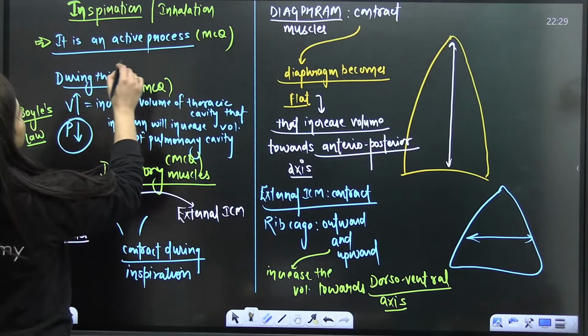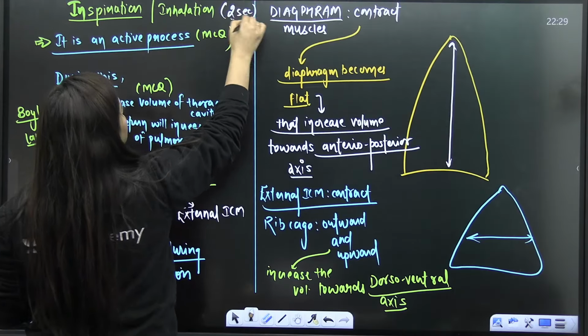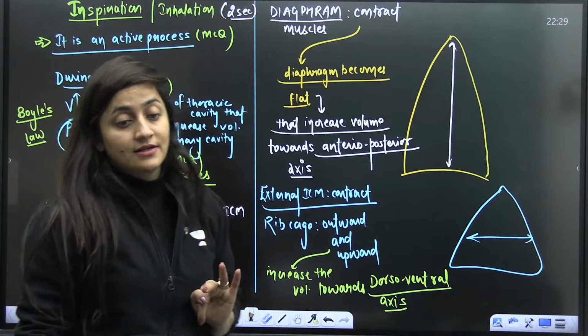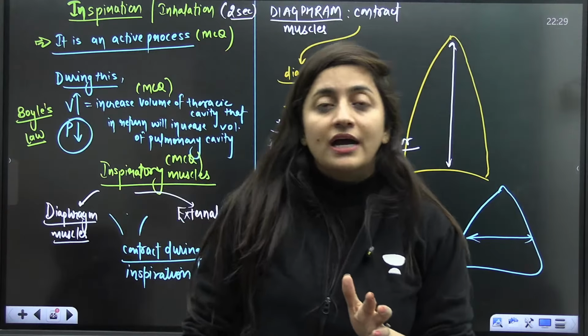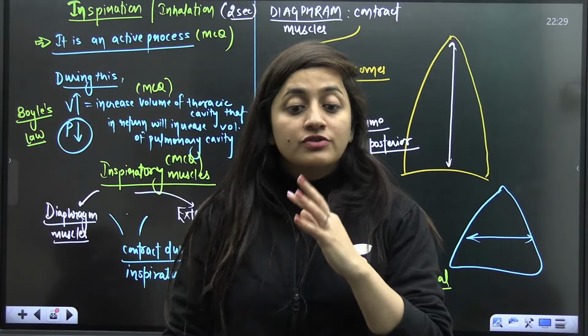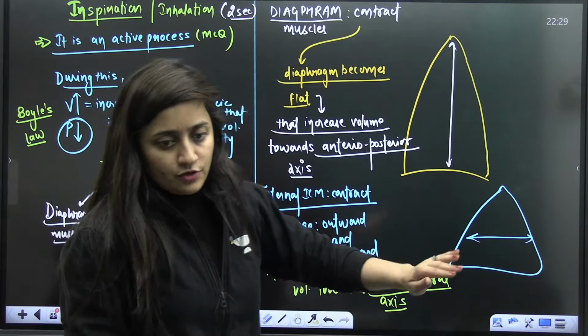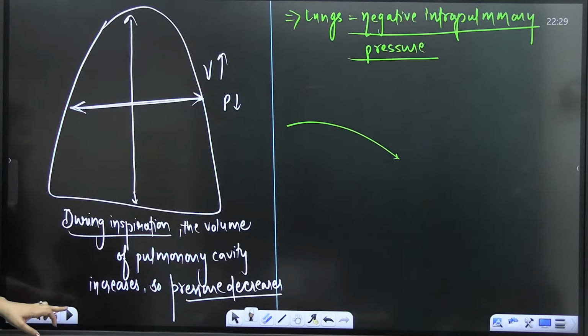On an average, this process is for how many seconds? You know that? 2 seconds. And expiration is for 3 seconds. So on an average, a healthy adult will go for 12 to 16 breaths per minute. So this point is clear, everybody? If there is any doubt, please do let me know, because the opposite of it will happen in exhalation.